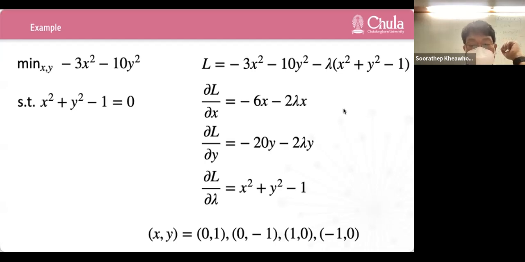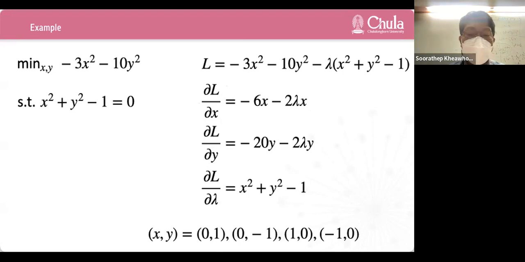So for the condition, we find the derivative of our Lagrange function in the x component, in the y component, and in the lambda component. We obtain different expressions, and all these expressions must be 0.